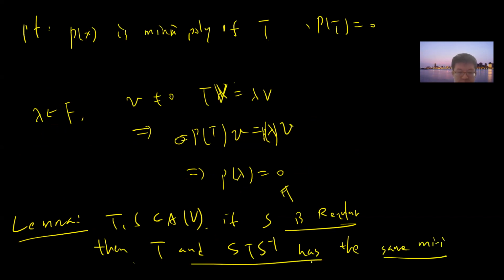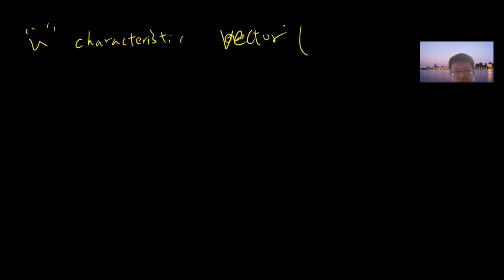This is simple, so you should view it as an exercise. V is called a characteristic vector. Up to now, I may also call it an eigenvector. I think eigenvector is from German or something.